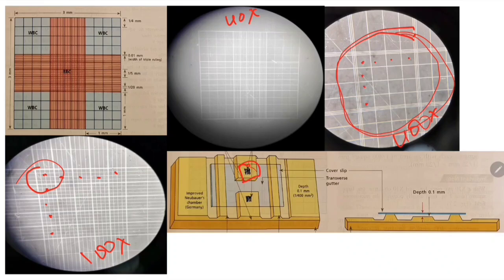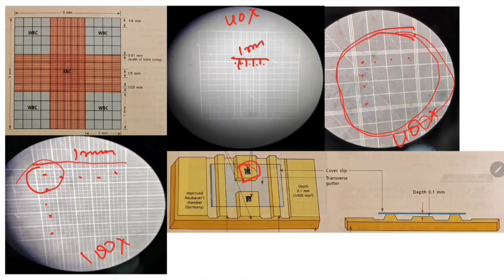Let's recap one more thing here. This length is actually 1 millimeter, and this 1 millimeter is divided into 1, 2, 3, 4 and 5 areas. This whole area is 1 millimeter. This is important.